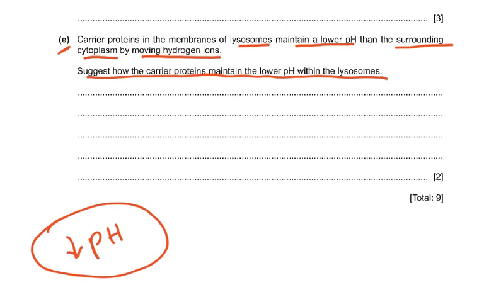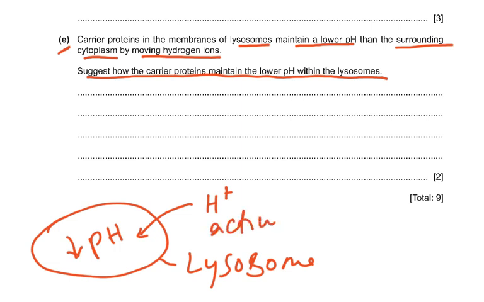So what is it going to do? It's going to move, or it's going to pump the hydrogen ions into the lysosome. So hydrogen ions are going to be pumped into the lysosome against the concentration gradient. And this, of course, is going to be by active transport. And you know active transport requires what?